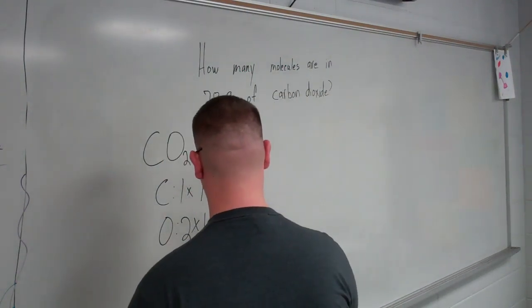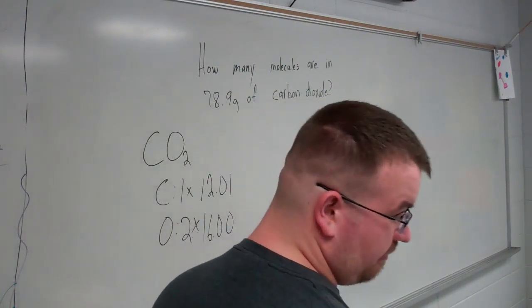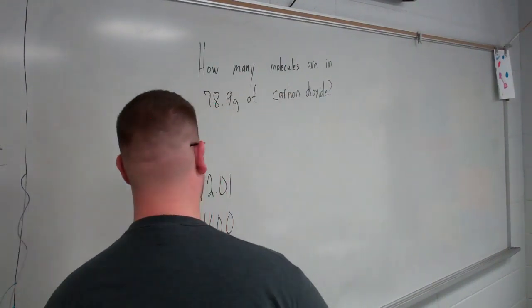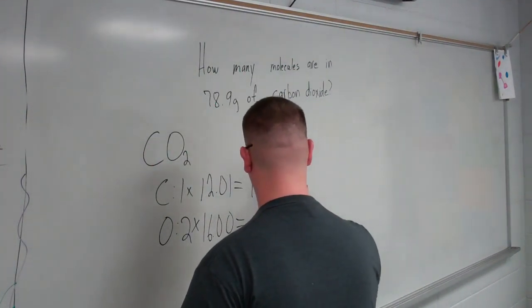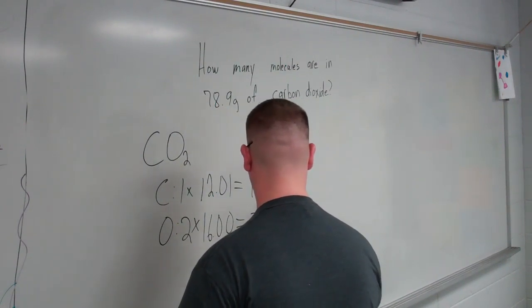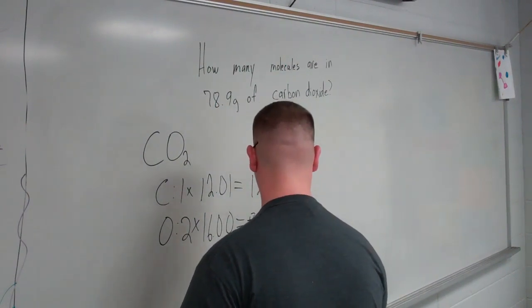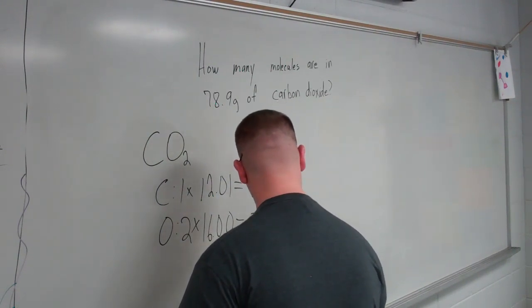And then oxygen, is it just 16? Other ones have 15.999. All right, multiply it out. It's 12.01 and it's 32. Add them together. So now we have the molecular mass of this.